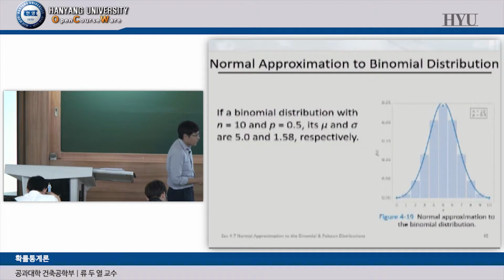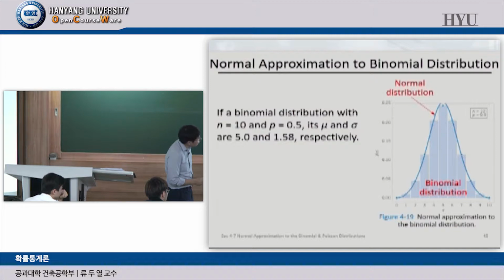The y-axis indicates the probability mass function or the probability density function, and the x-axis indicates the random variable. The histogram expresses the binomial distribution, and the curve indicates the normal distribution.